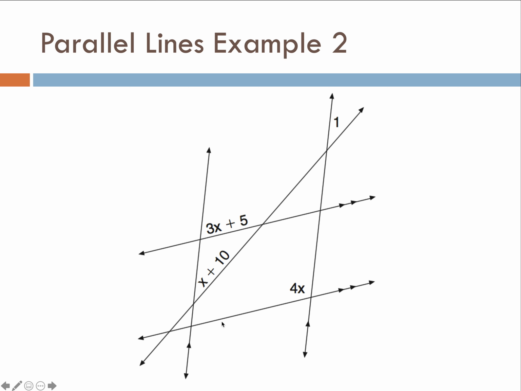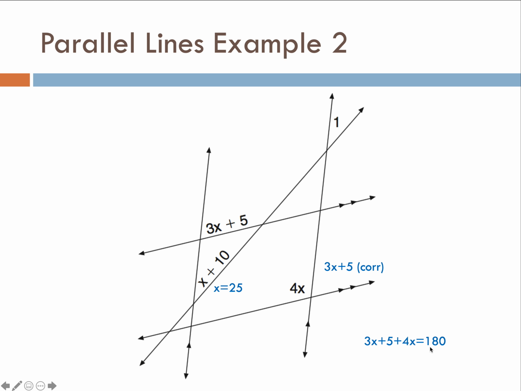All right, for our next example, we're given two sets of parallel lines, and we're supposed to calculate angle 1. First of all, by corresponding angles, I can say that this angle here is equal to 3x plus 5. Then, since 3x plus 5 is supplementary to 4x, that means they have to add to 180, and I can write an equation that says 3x plus 5 plus 4x equals 180.